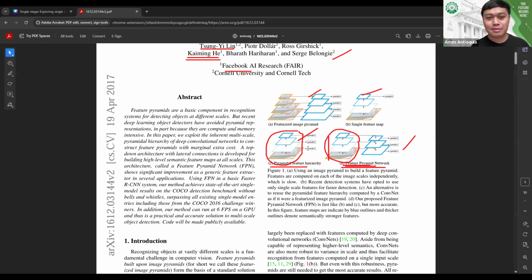I forgot the main contribution of Tsung-Yi Lin. He contributed the RCNN, if I'm not mistaken, the RCNN architecture. Yeah, RCNN architecture. I forgot, I think ImageNet, if I'm not mistaken. But this part is the one being contributed to us by FPN, by feature pyramid network.